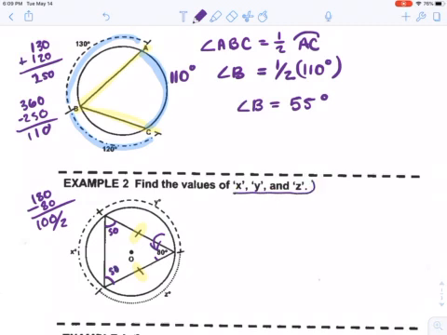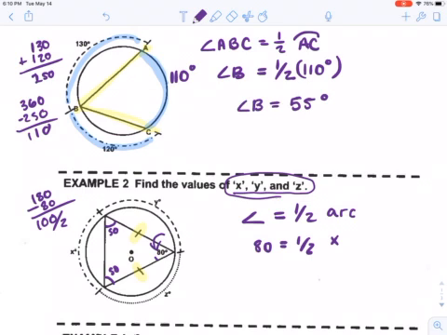But we're asked to find the arc values. So how do I use the theorem from yesterday to find the arc values? We have to work backwards. So our angle is still half of the arc. In this case, 80 is half of its intercepted arc, x.